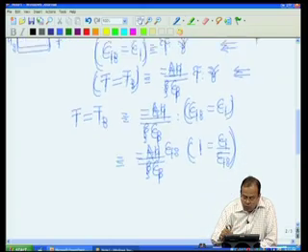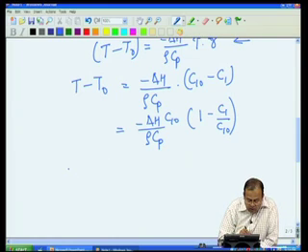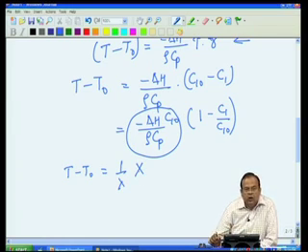So, I am going to now write this energy balance as T minus T0, as I am going to define this quantity as 1 over lambda, and write this as into x, that is our conversion. What is lambda?